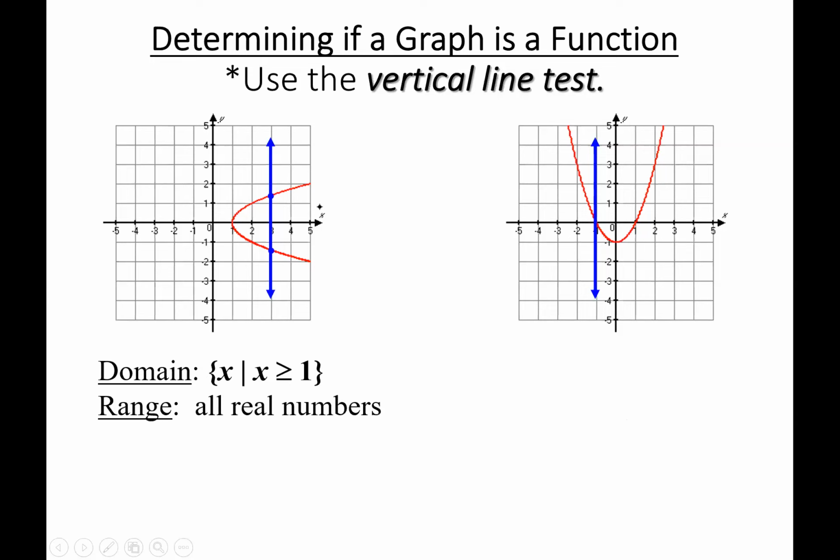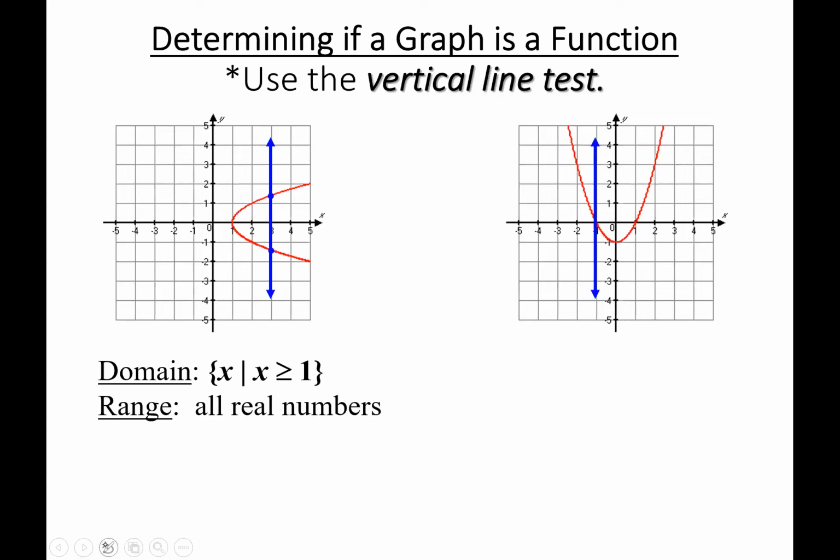All right, now if I look at this first graph here, this kind of sideways looking parabola, it's sort of opening towards the right. The domain, we want to look at what are all the x values in this graph. Okay, so the lowest x value on this x-axis, the lowest number is this 1 right here.